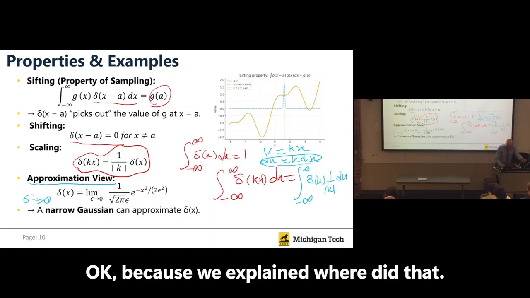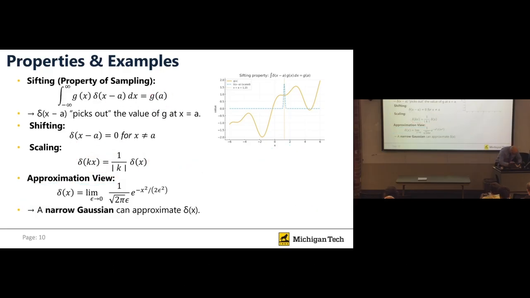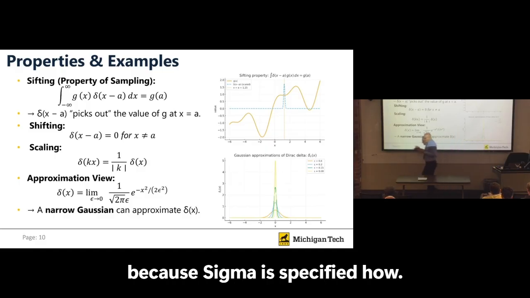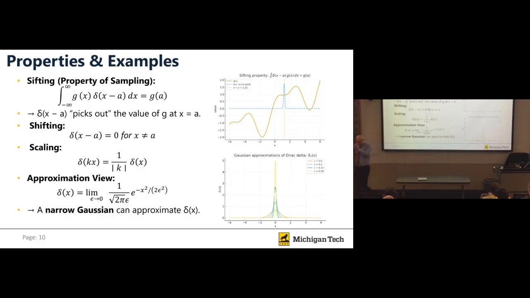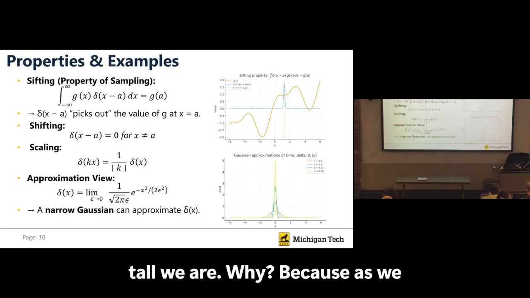Let's see the picture here. As you can see, sigma specifies how narrow and also how tall we are. Why?